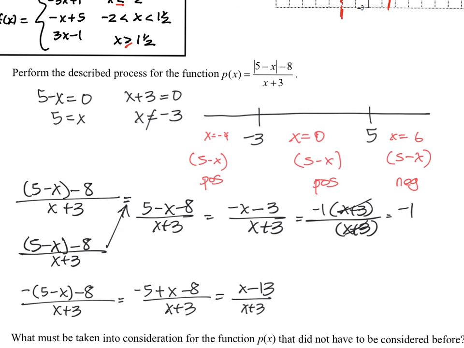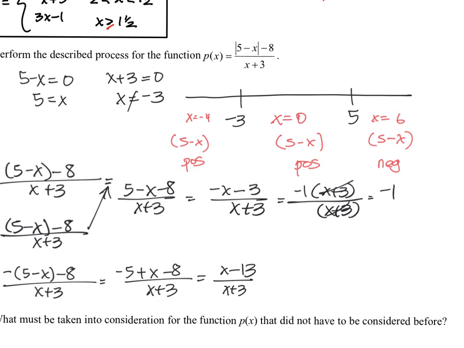Okay, so when we write this, I should have, see if I can squeeze it in. I'm going to do it in blue. Okay, so this one is p of x. So this is negative 1 if x has got to be less than 3.